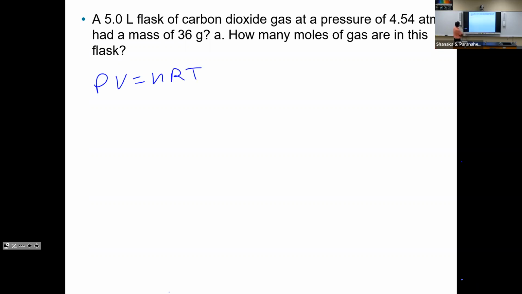So the volume of 5 liters is given, the pressure is 4.5, and the mass is 36 grams. Moles is mass divided by molar mass.